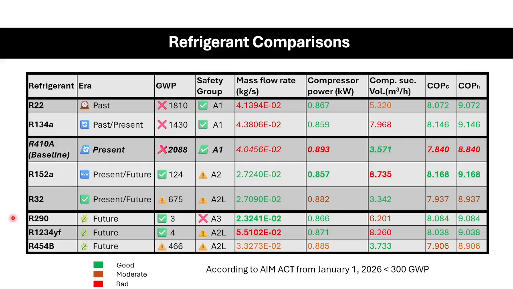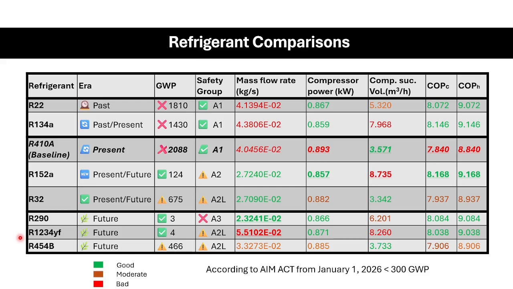R290, that is propane, has an ultra low GWP value of 3 and it is A3 category ASHRAE, that is highly flammable. It has the lowest mass flow rate, it has less compressor power consumption and a moderate compressor volumetric flow rate. Also it has good COP values. Next comes R1234YF.